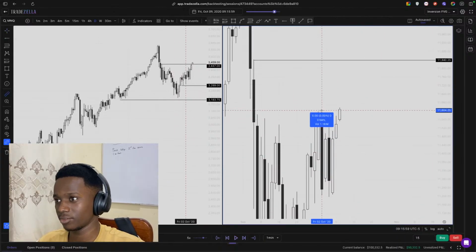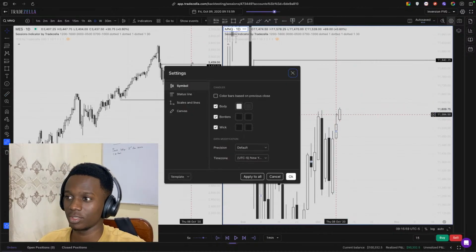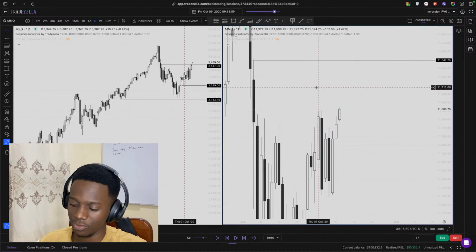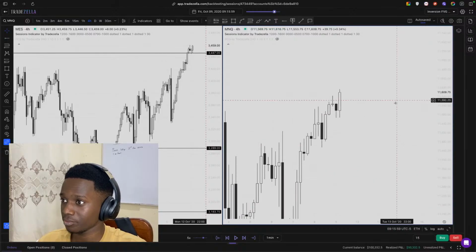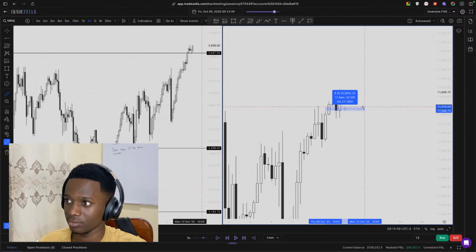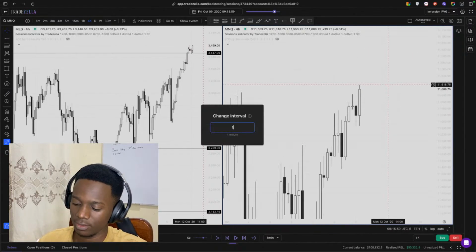So you still failed to hit this high, but then you did that, just opened, that has already hit the high. So we're still gonna take a few stabs on longs.